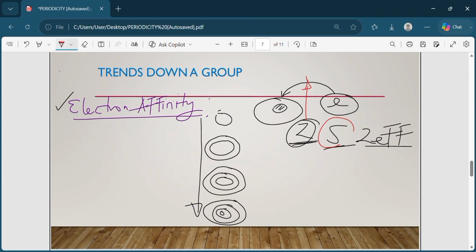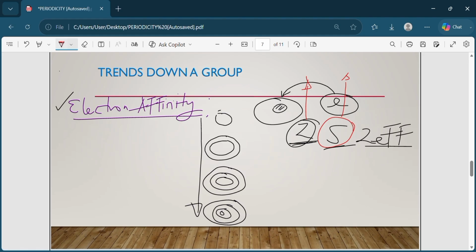Screening effect: since the number of energy levels is also increasing down the group, the curtains being formed, which I told people to understand as curtains shielding or preventing attraction of the outermost electrons towards the nucleus, are many. So even this screening effect will increase. In a layman's understanding, let's look at them as curtains.